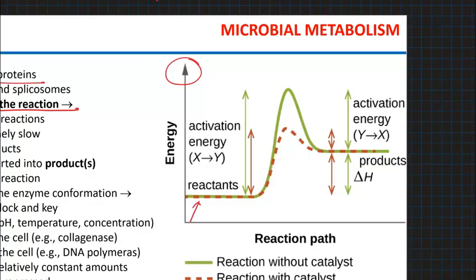So when you start with the reactants and you transition to the products, it isn't just a smooth slide up. You have to go over that special hump, which is activation energy. So in the green color, you can see the activation energy for a reaction that does not have a catalyst, such as an enzyme.